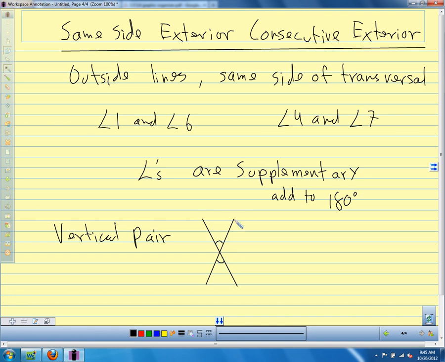If we look at our graphic organizer, there are all kinds of vertical pairs there. What do we know about vertical pair angles? Vertical pair are congruent.